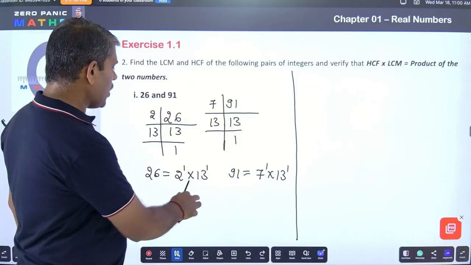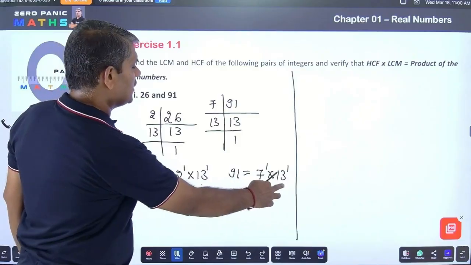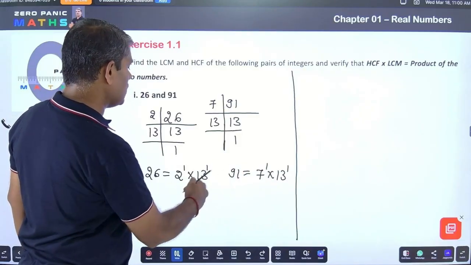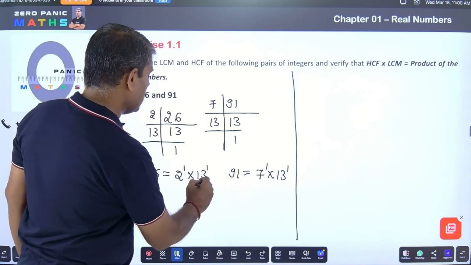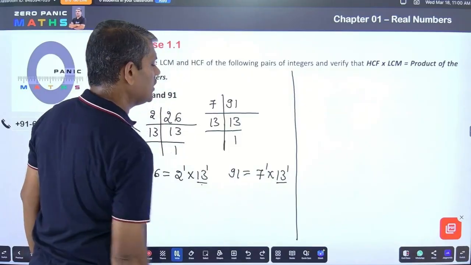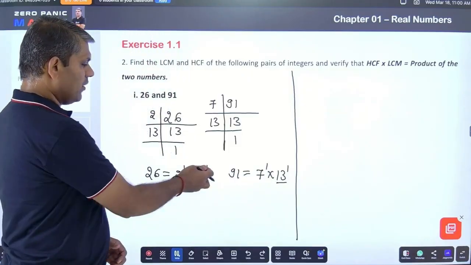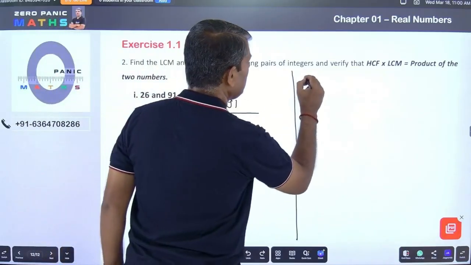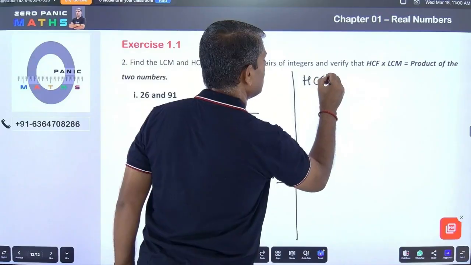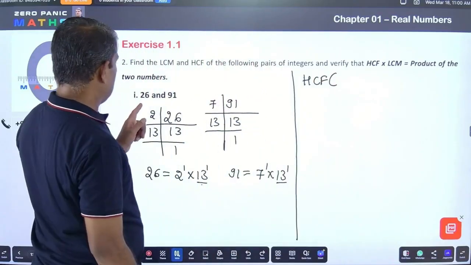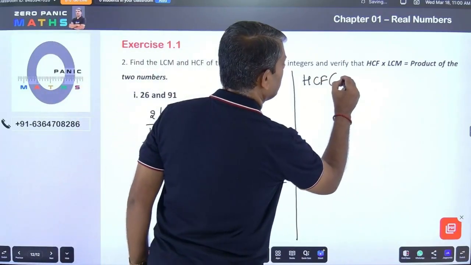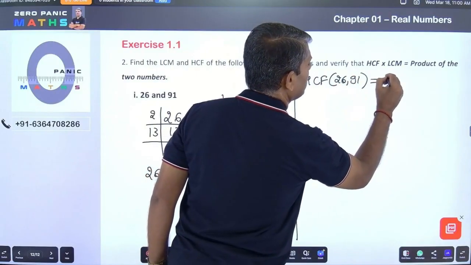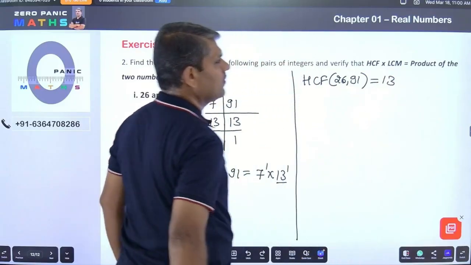What are the common factors here? 13 is the common factor. 2 is not found in both the factors. 7 is also not found. 13 is the one which is common in both the factors. So what is the lowest power? It is 1 only. So HCF of 26 and 91 is actually 13.